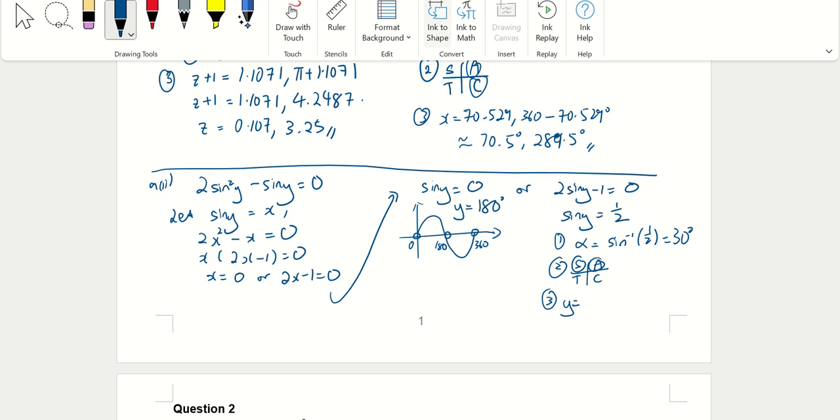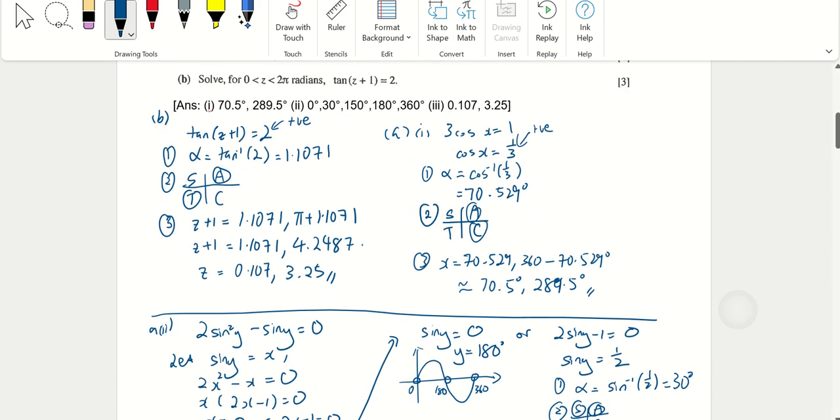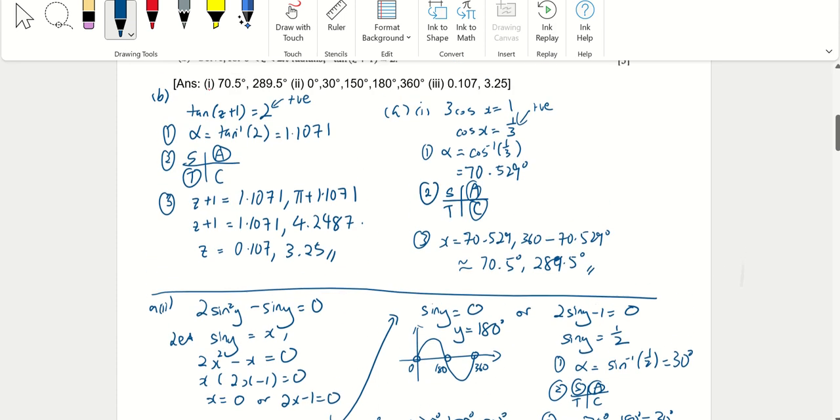So my y will be 30 degrees in the first quadrant, then 180 degrees minus 30, which is 150. Putting it all together, my y solution will be 30, 150, and 180 degrees. So this question is quite easily done.